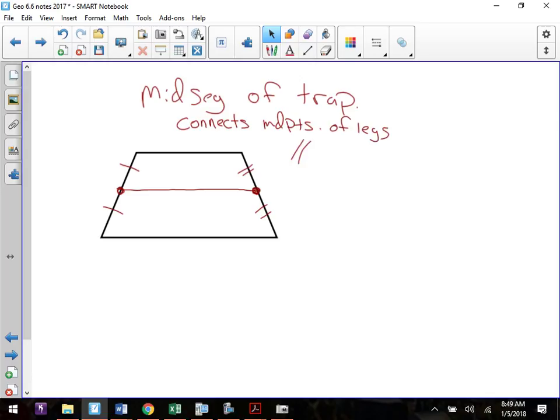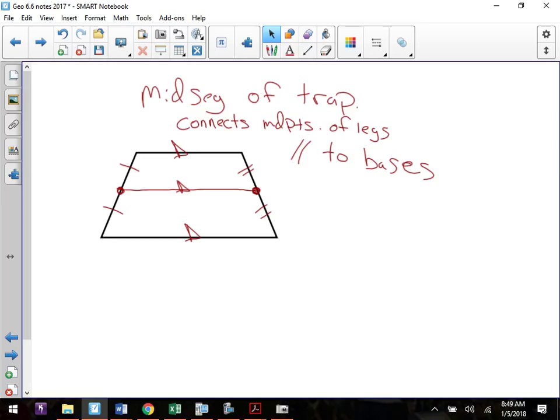And it's still parallel to the bases. When it's an isosceles, then you'll have those four sections be all the same. The other thing I was going to say is that it's always going to also be parallel to the other two bases, just like it was in a triangle. Okay. So those three parts become parallel.